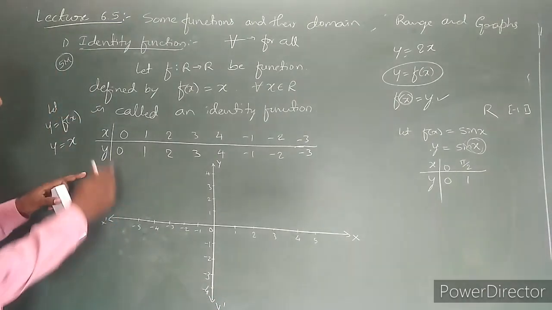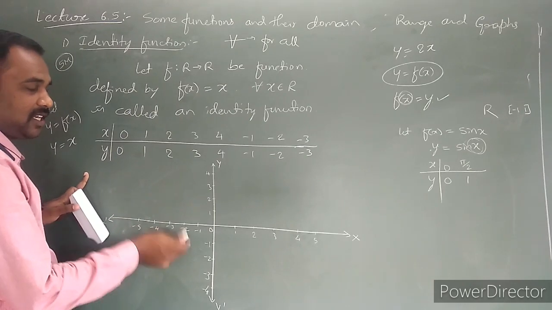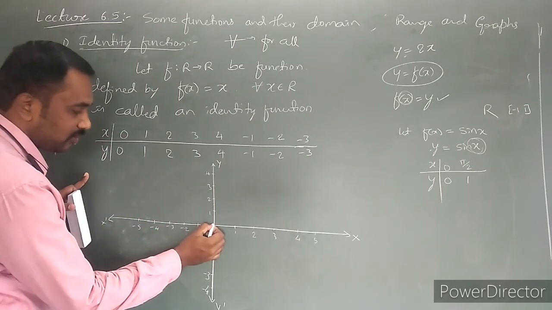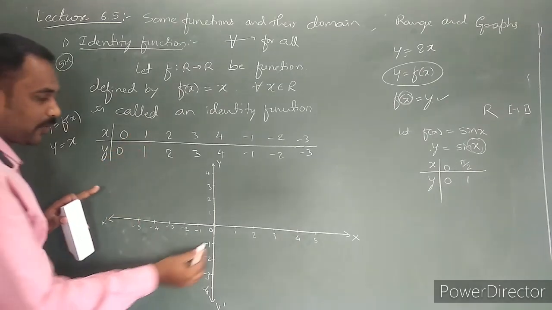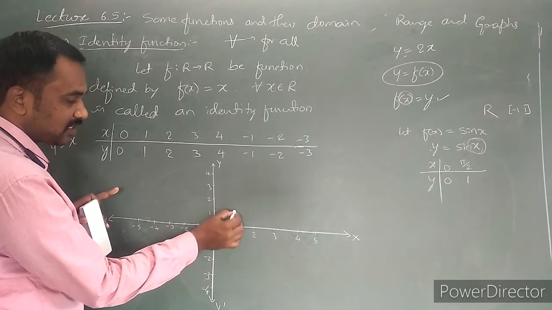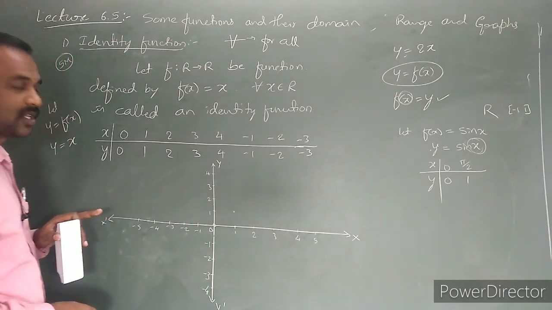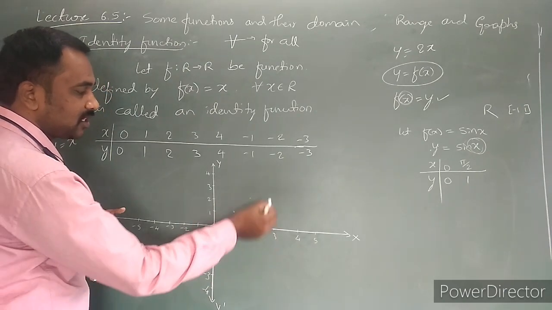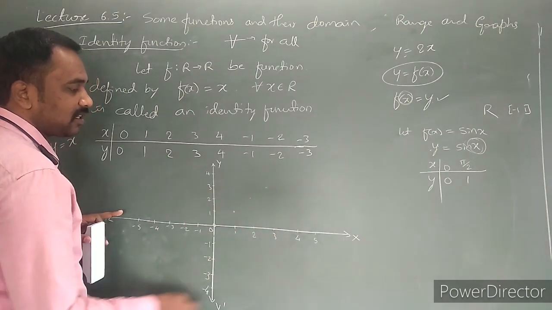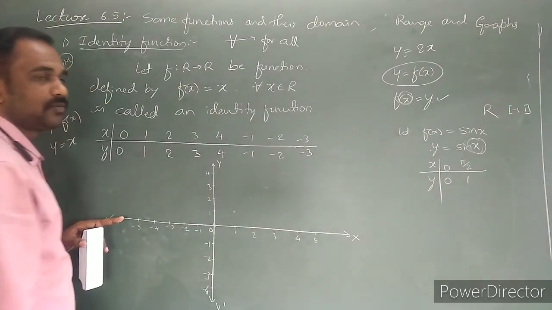Plot the points x comma y on the xy coordinate plane. That is the point 0 comma 0. Next 1 comma 1, on the x-axis 1 unit, on the y-axis 1 unit. Next 2 comma 2, next 3 comma 3, next 4 comma 4.